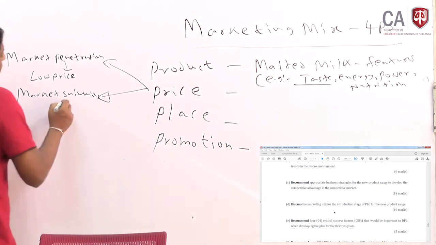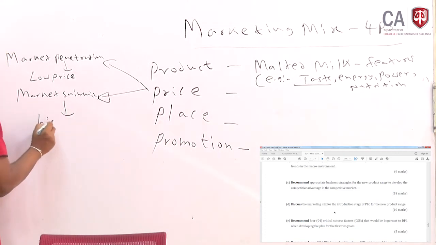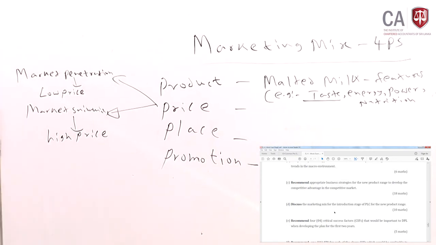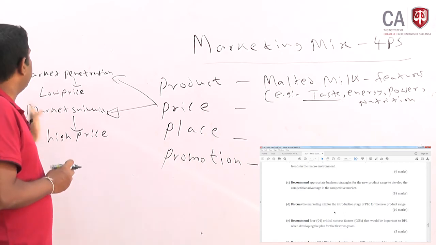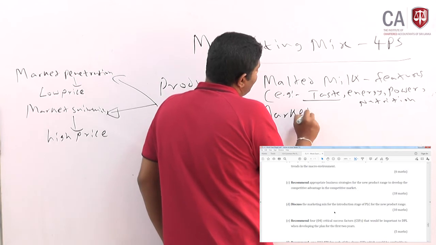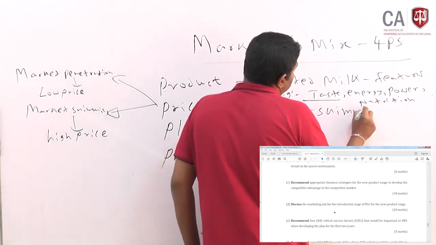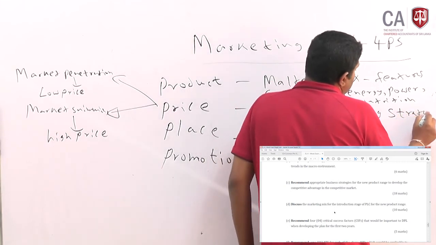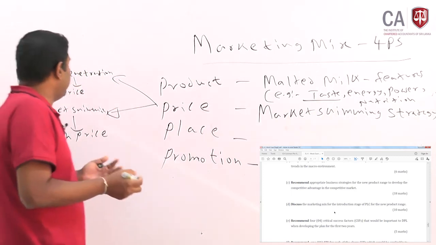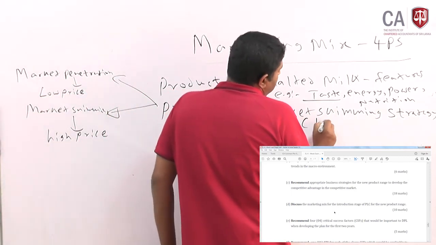Under the market skimming strategy, we are going to charge a high price from the customers. So, here since we are planning to introduce a unique product to the marketplace, I recommend to apply the second strategy, market skimming strategy, where you will charge a high price from the customers.